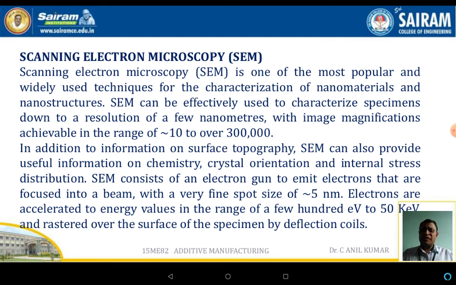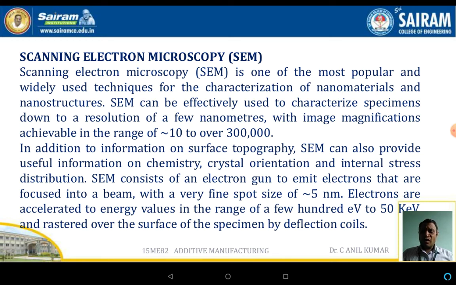The image magnification can be achieved in the range of approximately 10 to over 300,000. The SEM consists of an electron gun to emit electrons that are focused into a beam with a very fine spot size, approximately 5 nanometers.